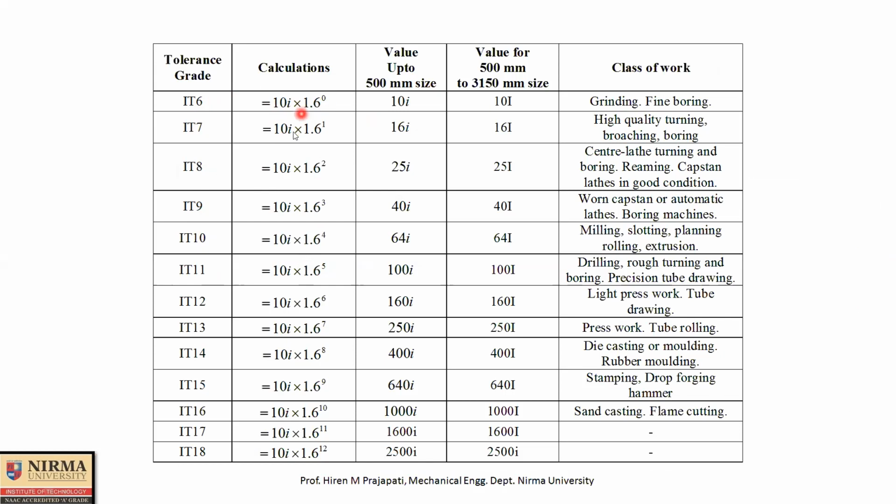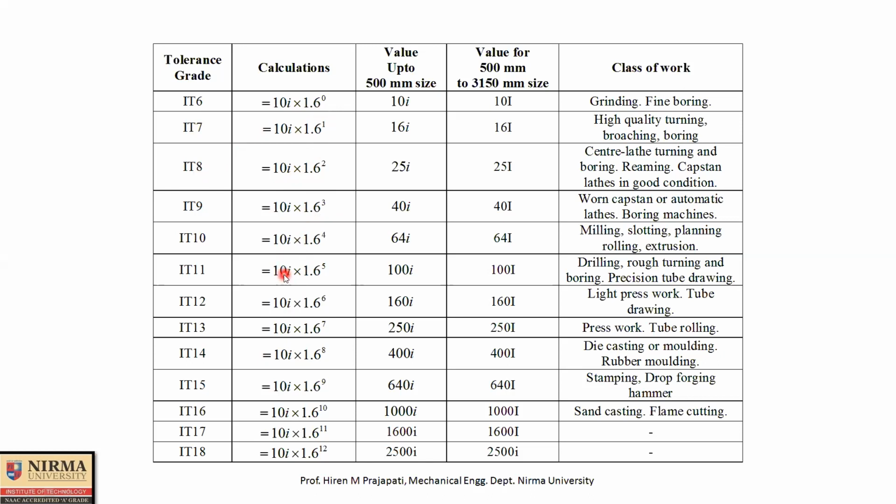Now if you move to IT7, then 10 times i into 1.6 raised to 1. This power keeps on increasing by step 1. If you go to IT8, then compared to IT7, 10i remains constant in this series, but the multiplier is 1.6 raised to power 2. If you go to IT9, then 1.6 raised to power 3. So the power of 1.6 increases in each step by 1.